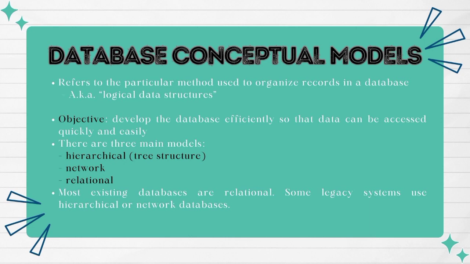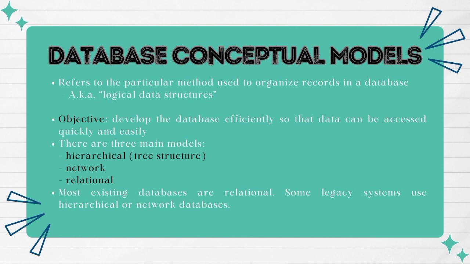Then second is the network, which is a variation of the hierarchical model. And lastly is yung relational model, which is a more flexible model that allows users to create new and unique paths through the database to solve a wider range of business problems.